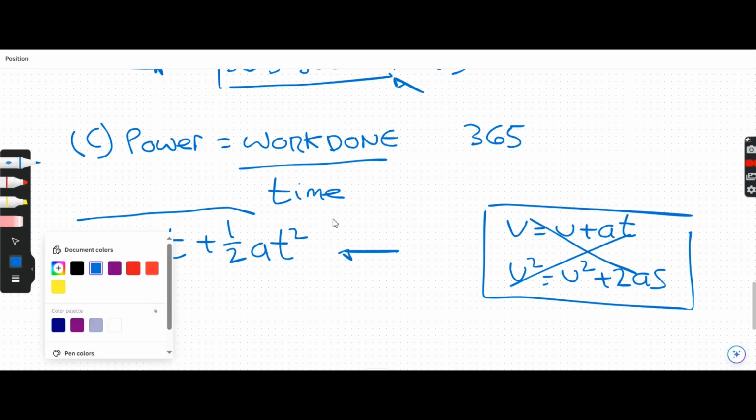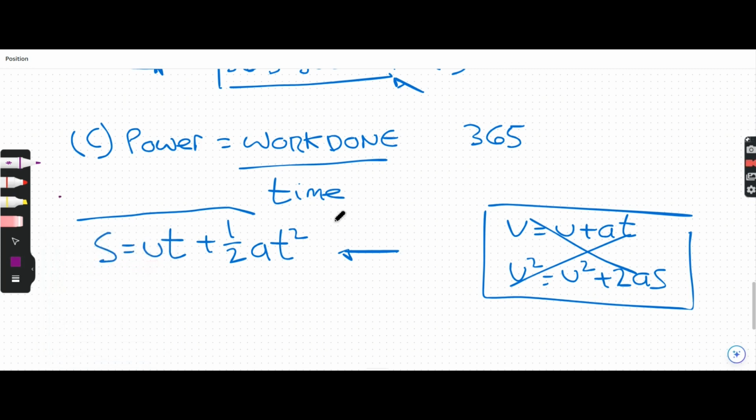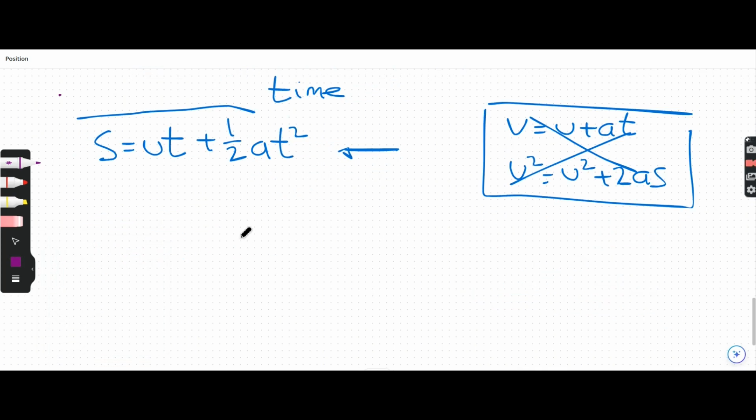I'll put it in the angular version now. So s, angular distance, which we know because that's 1 rev, which is 2 pi, equals u, the starting angular velocity, which we know is naught because it's from rest, times by time. Which is handy because naught times something is naught, so we can scrap that bit.